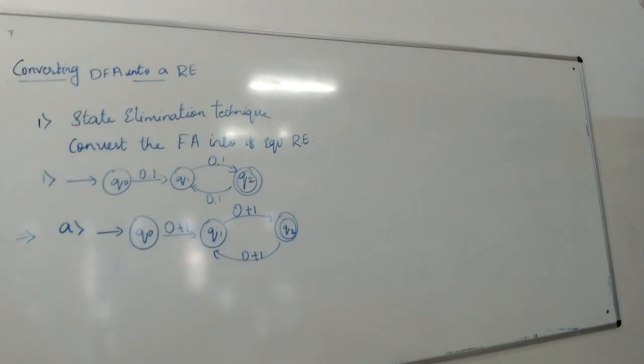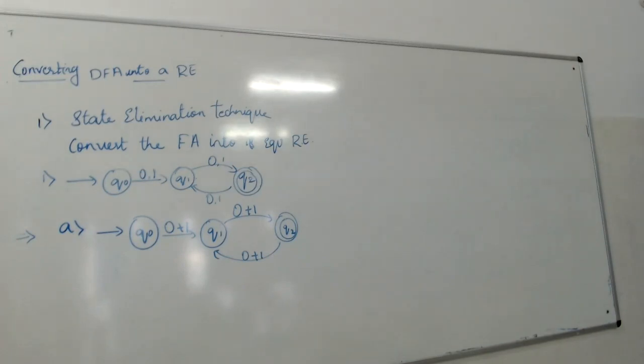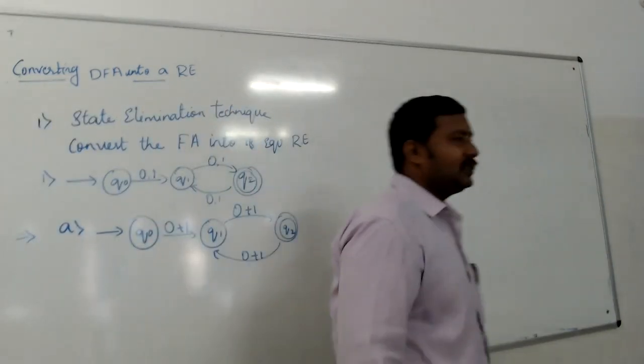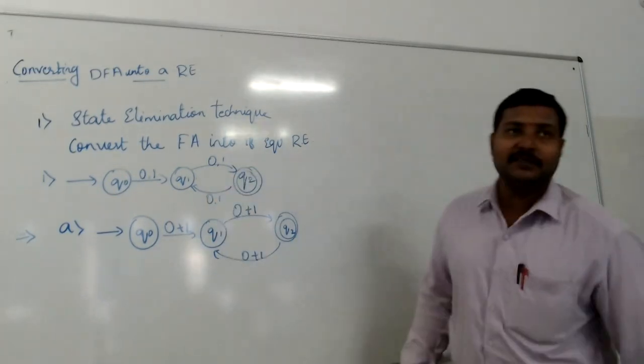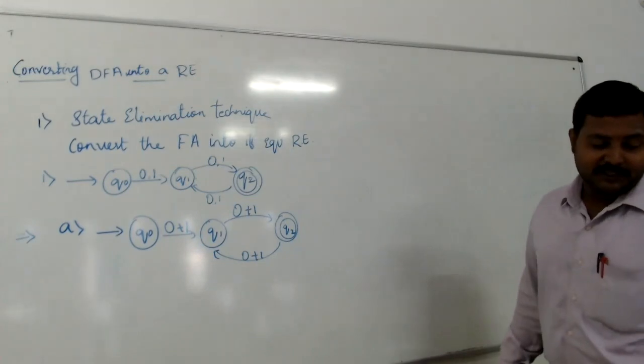Now we have converted the given DFA into its formal regular expression form. So the next step is to eliminate the state. This technique is eliminating the state which is not required, right? Okay, we'll try to eliminate the state now.